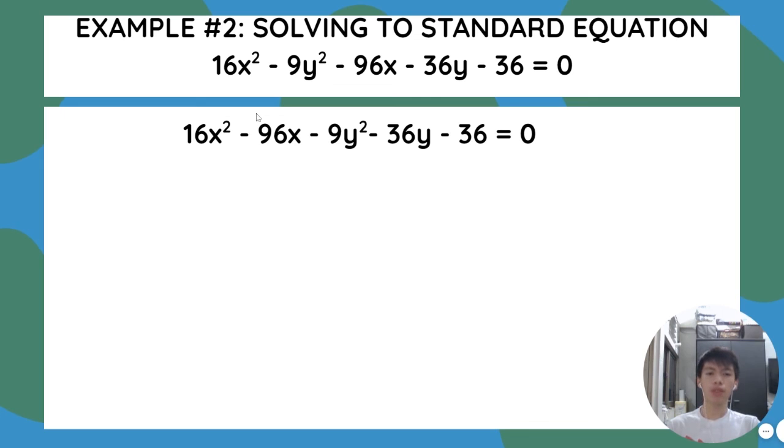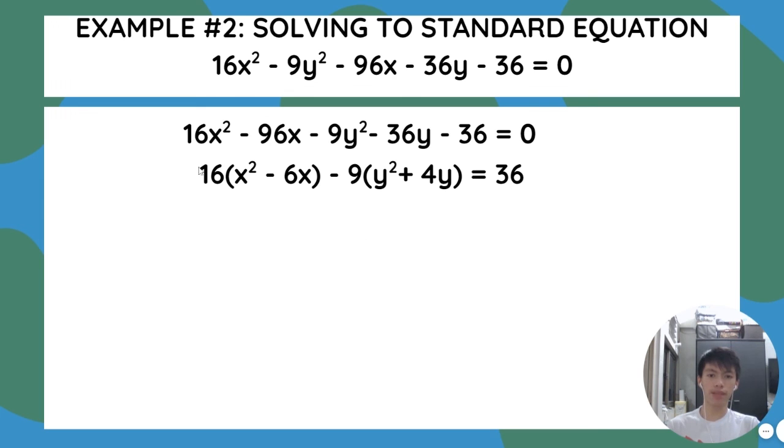Now, we will get the coefficients of x squared and y squared, which are 16 and 9, and factor them out, which will be 16 times (x squared minus 6x) minus 9 times (y squared plus 4y) equals 36.